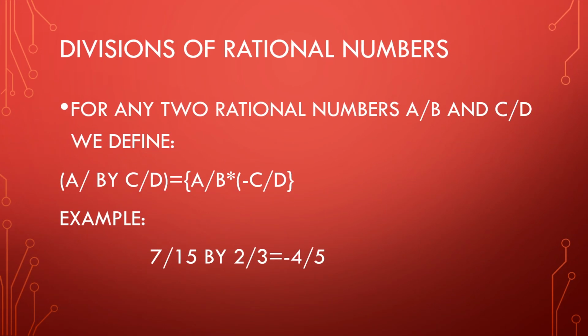Now let's see how to divide fractions. For any rational numbers a by b and c by d, we define that a by b divided by c by d is a by b multiplied by d by c; we reciprocal it and then multiply.